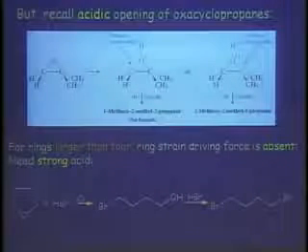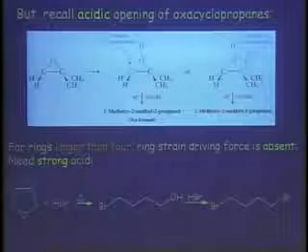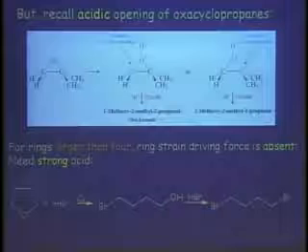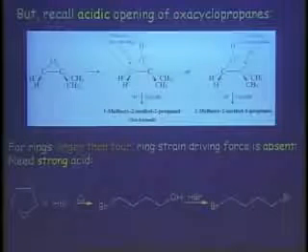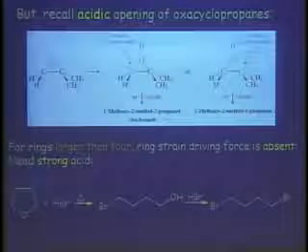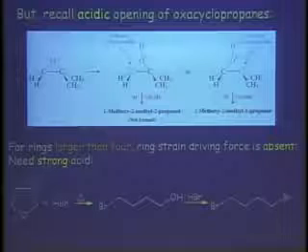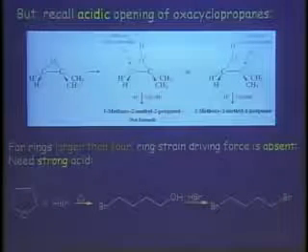Under basic conditions, the SN2 follows the rules for SN2. The less substituted carbon is attacked for steric reasons. Here, it's the more substituted carbon that's attacked because it's got more positive charge. So this was an exception. Acidic type ring openings are generally used less.